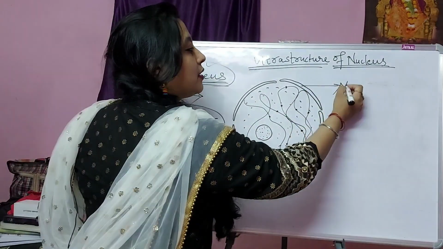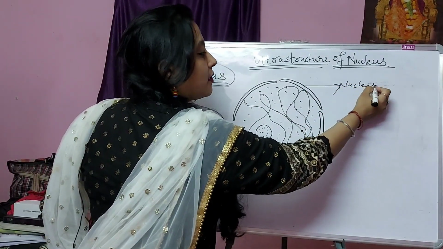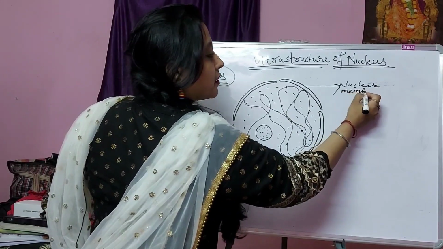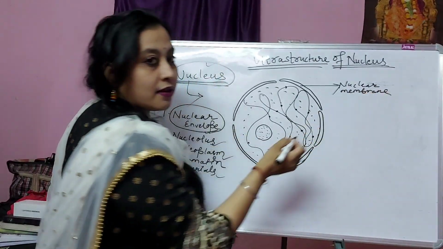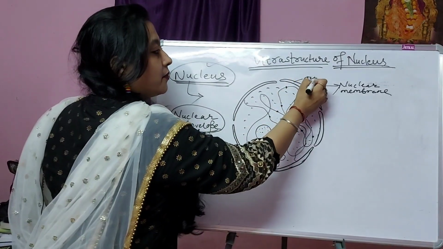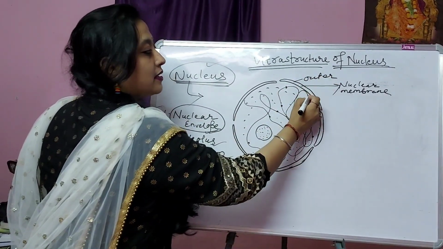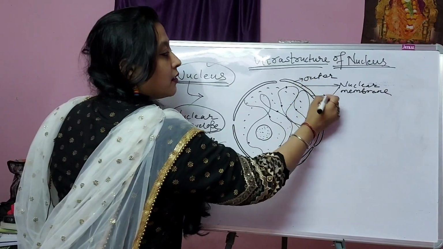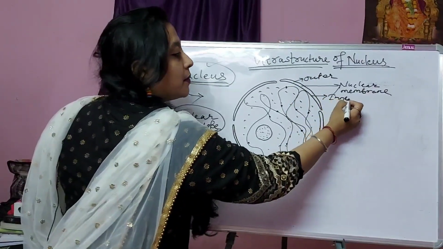So this is the nuclear membrane having outer and inner. This is the outer covering of the nuclear membrane, and this one is the inner covering.